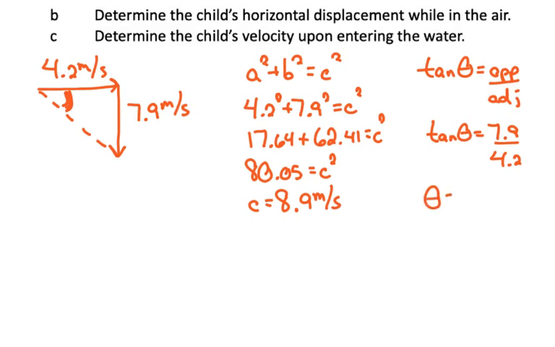Working this out, again, make sure your calculator is in degree mode. 2 sig figs, 62 degrees. So then putting this all together, this child's velocity will be 8.9 meters per second at an angle of 62 degrees below the horizontal.